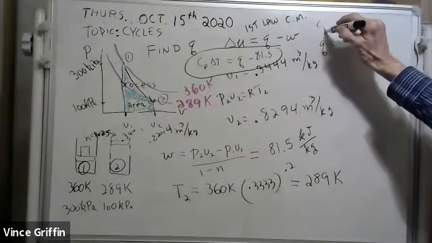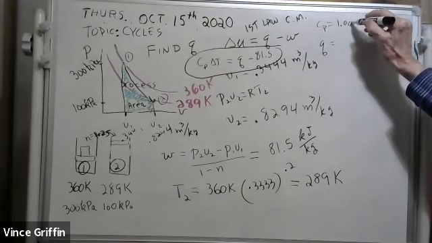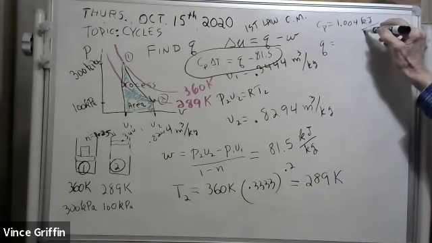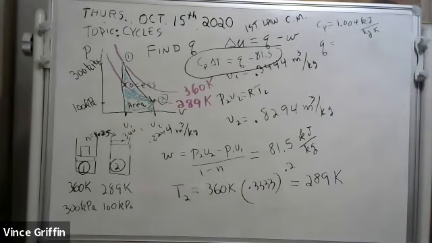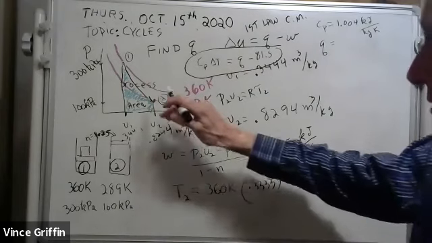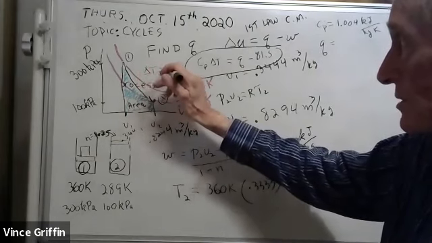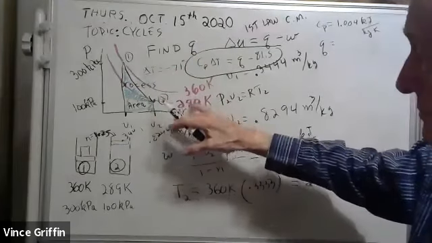That C sub P is 1004 kilojoules per kilogram Kelvin. That's what it is. And the change in temperature is minus 71 degrees, right?